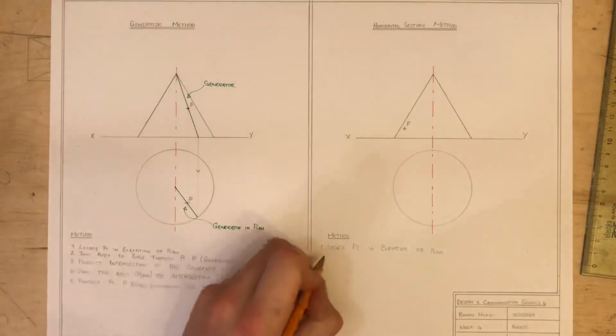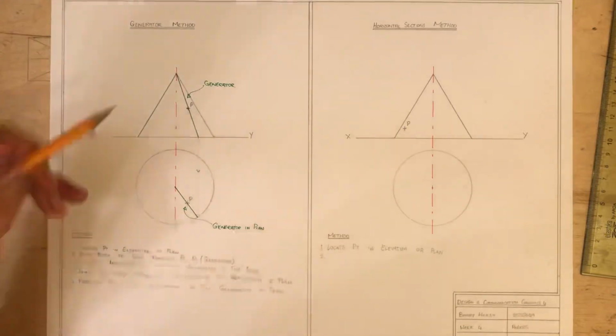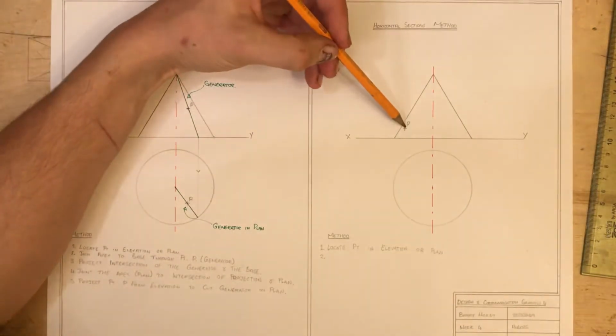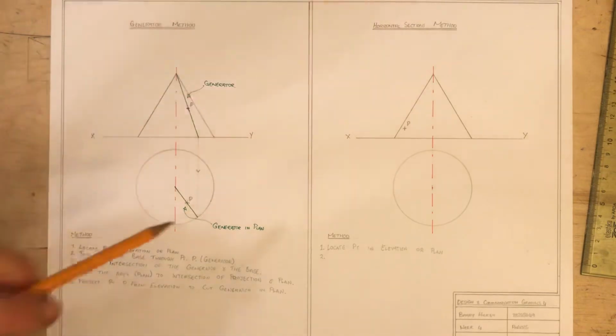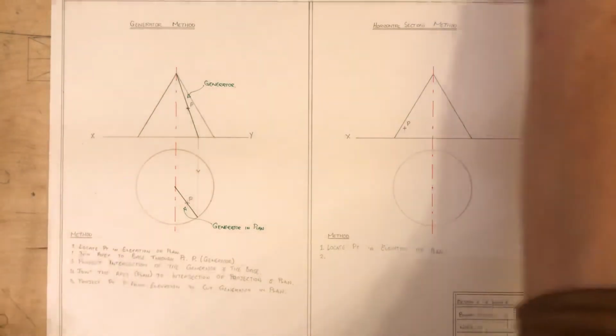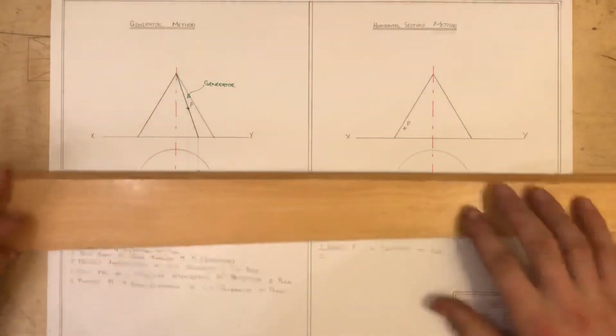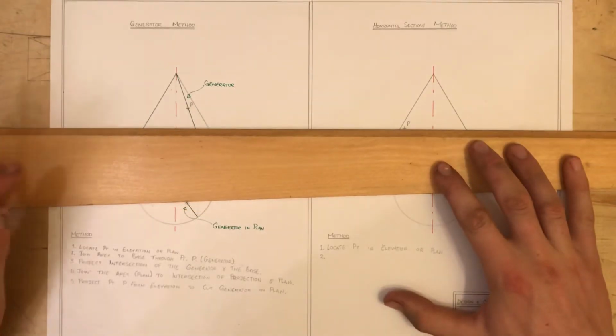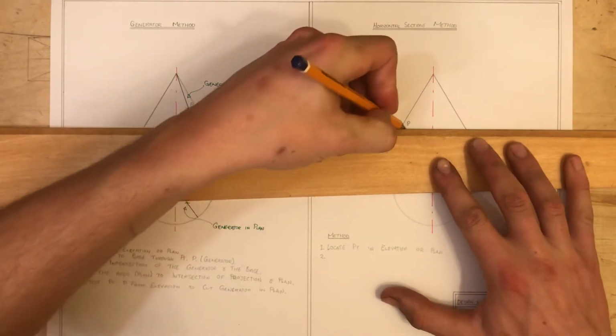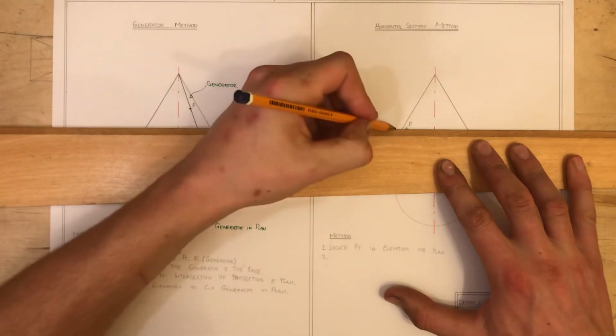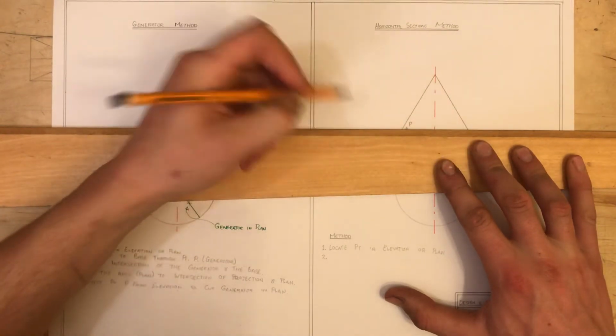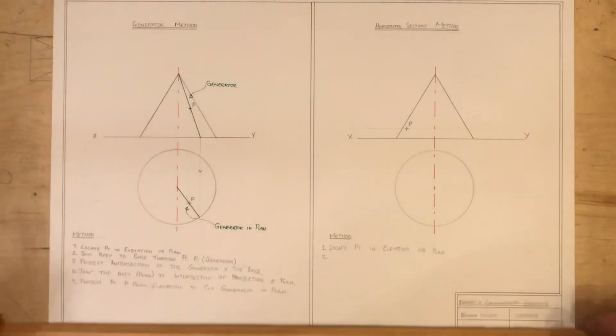My next step will be to draw a horizontal section through this point. So how do I do that? I'll draw a line parallel to my XY line through point P. This is a horizontal cutting plane.